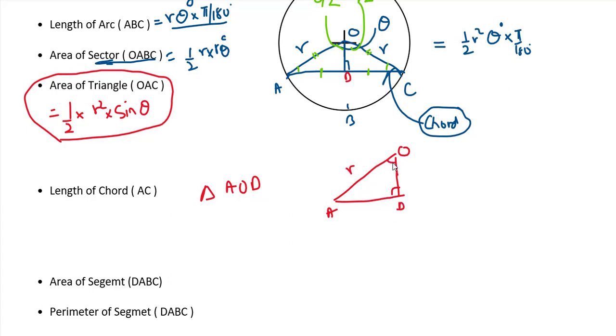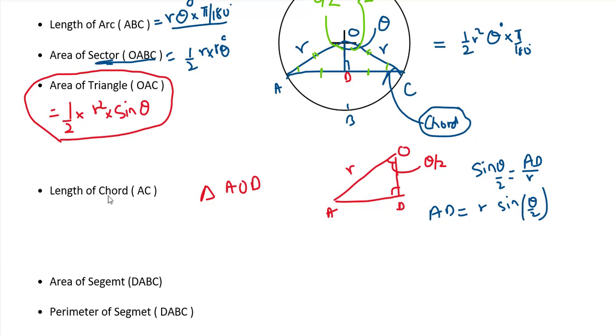And this angle was theta by 2. So in this triangle, sine theta by 2 is given by the opposite, which is AD, upon the hypotenuse, which is r. So AD will be equal to r into sine theta by 2.